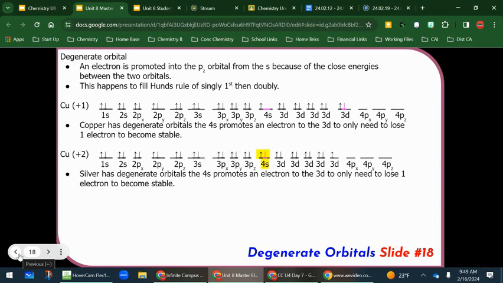Lowest energy levels first, right? Okay. So there is this thing that we found. We didn't want it to be. We found that it happens, and it lets us explain how you can have copper as a +1 and copper as a +2. They are called degenerate orbitals.